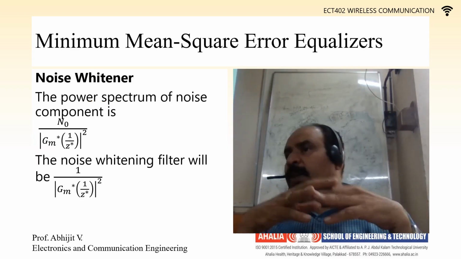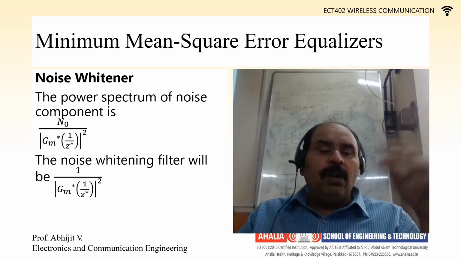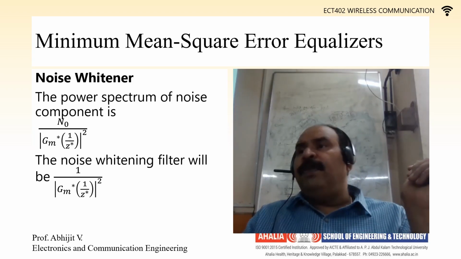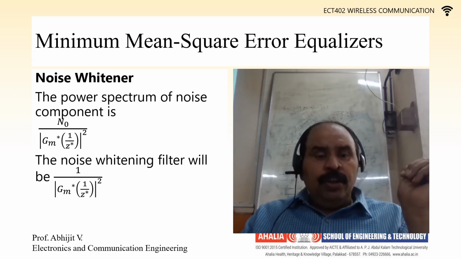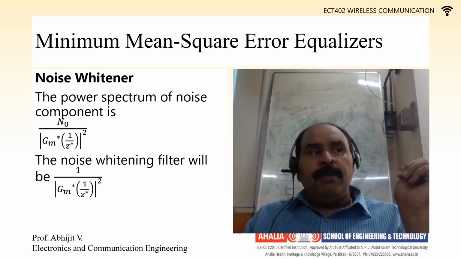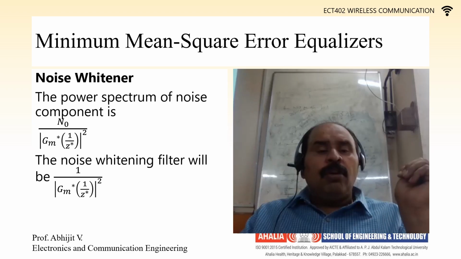So very simply, for the noise whitener we can create a filter, because the power spectrum of the noise component is given by N0 times |G_M conjugate(1/Z conjugate)| whole square.